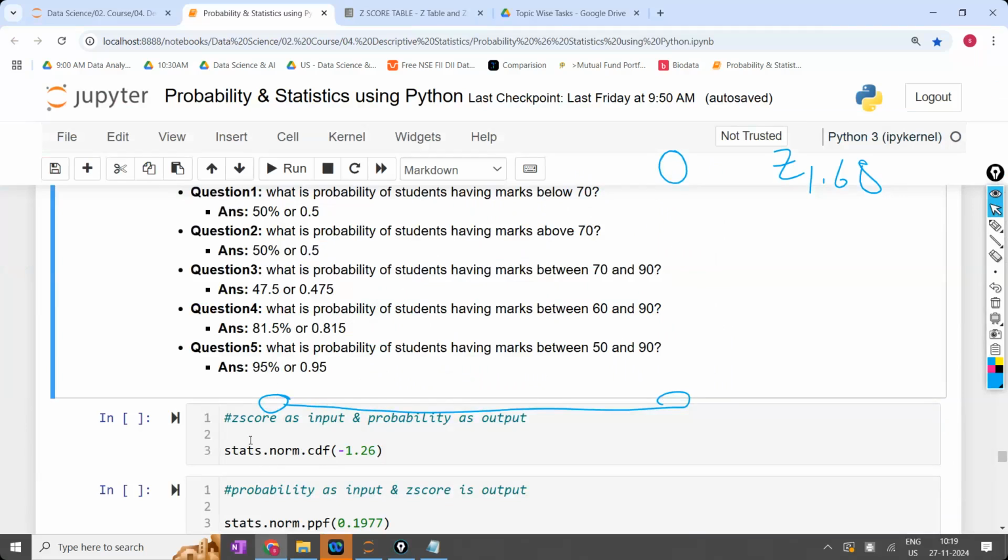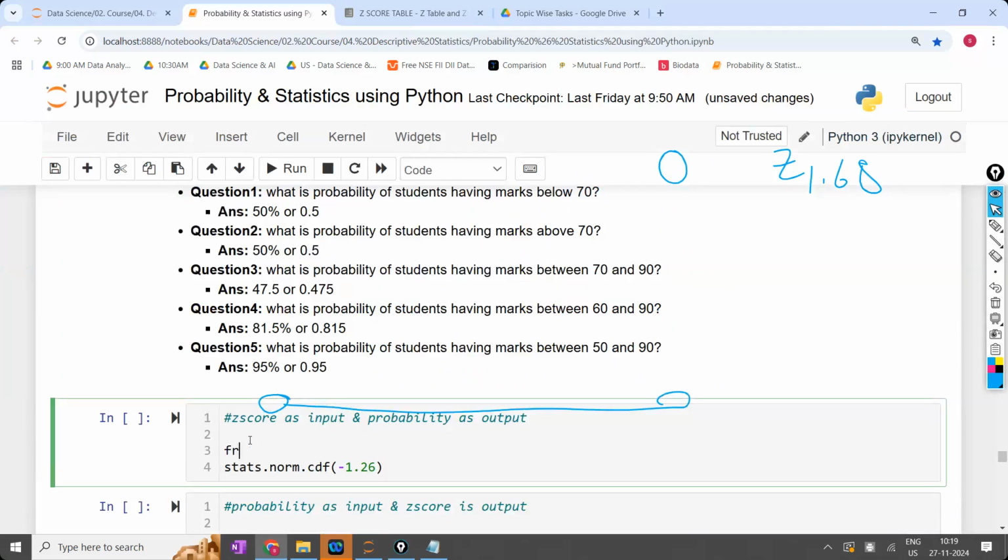Right? Now, the same thing in Python you are going to get by using stats.norm.cdf. Stats means from SciPy; from SciPy, I'm going to import stats. Within stats, norm means normal distribution. CDF means cumulative density function.